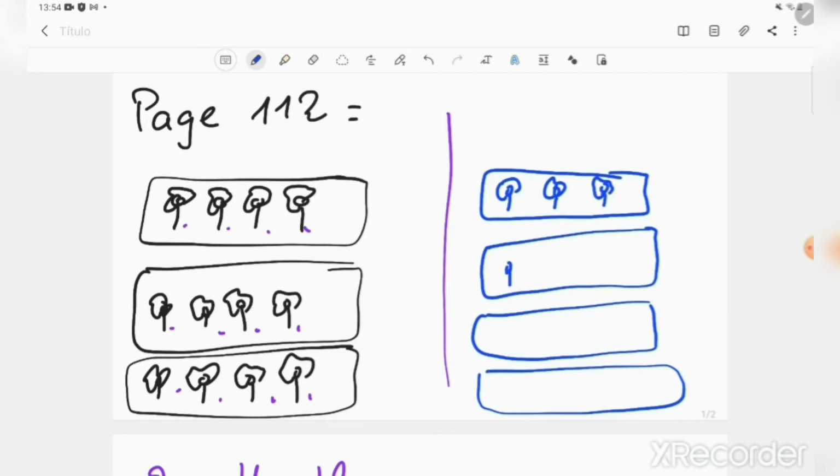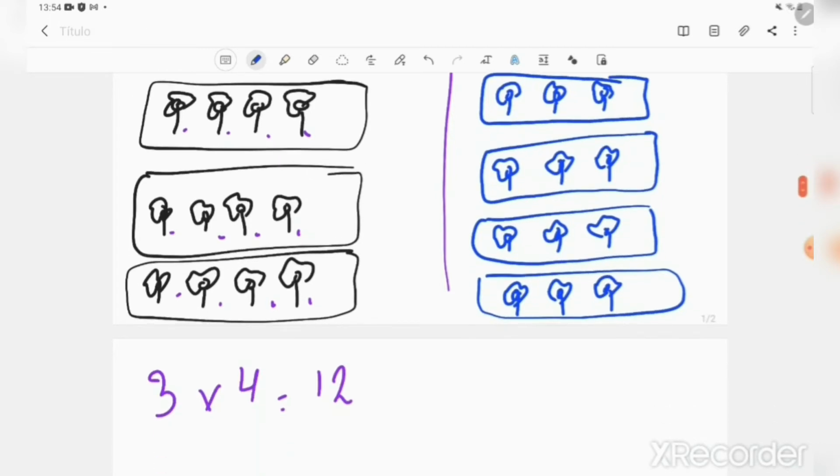Okay, so we have 3, 4, 5, 6, 7, 8, 9, 10, 11, 12.